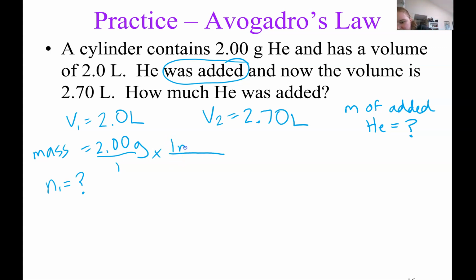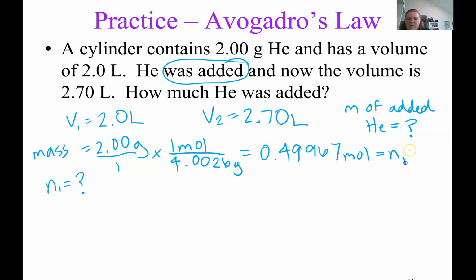So 1 mole of helium is 4.0026 grams. So I put that in my calculator. We have about a half a mole, but let's get a little bit more precise. We're going to have 0.4997 moles of helium. That is my N1.